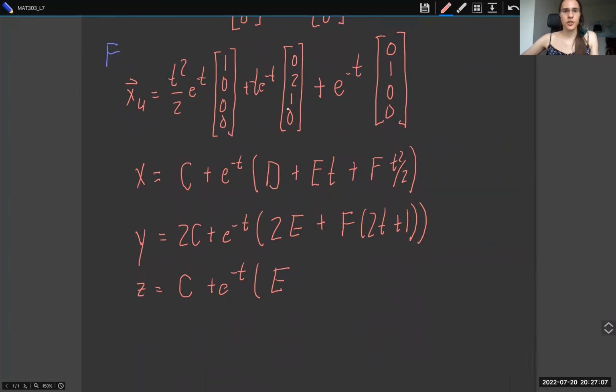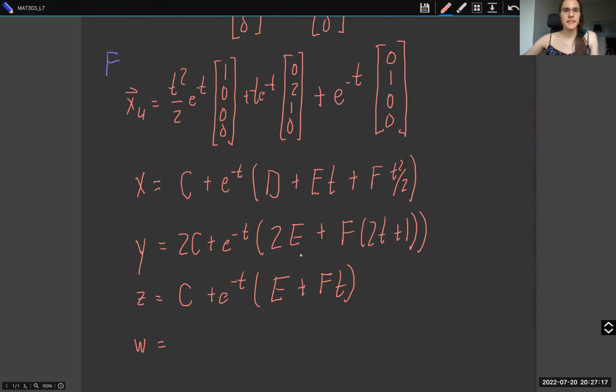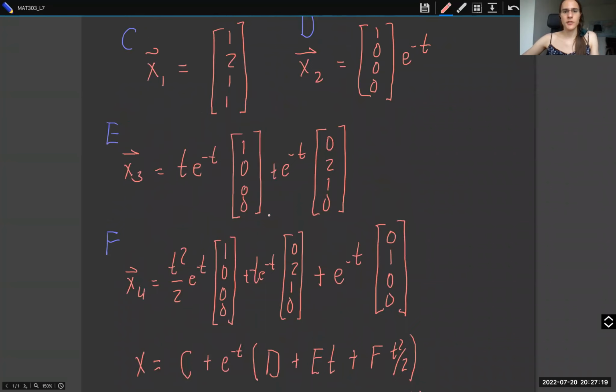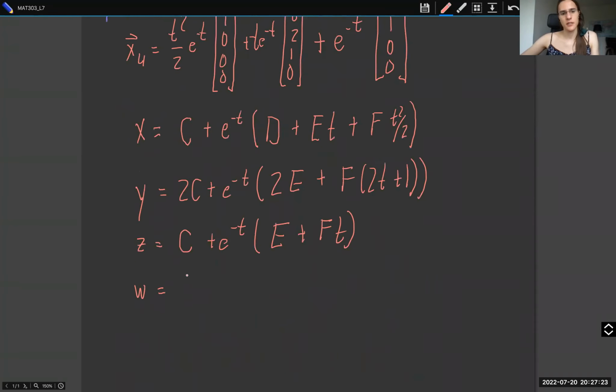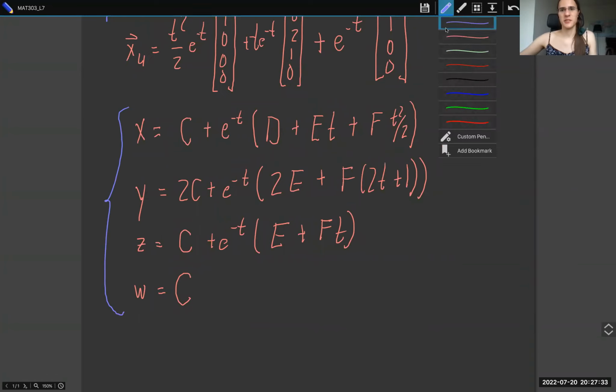And F contributes t. And then we have W. And as for W, these are all zeros. And then here we have just a C. So this is the general solution.